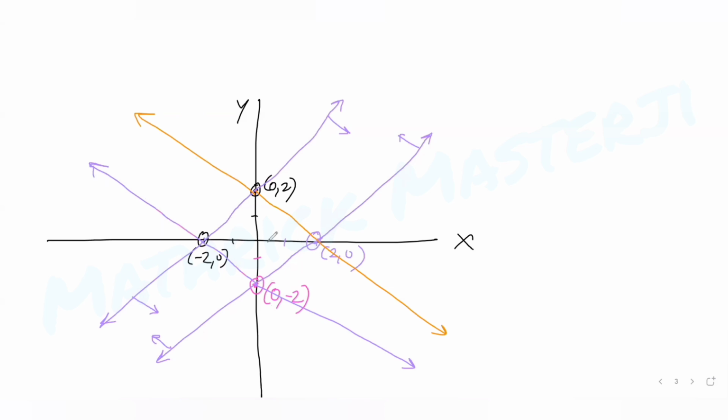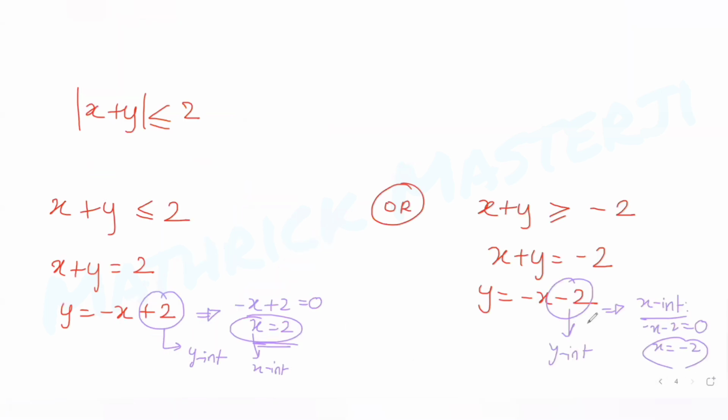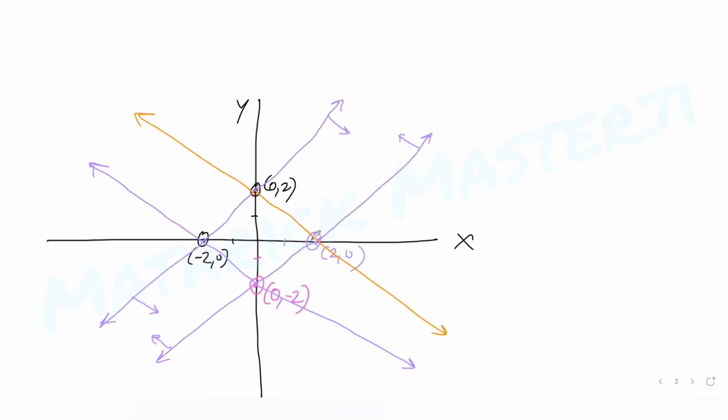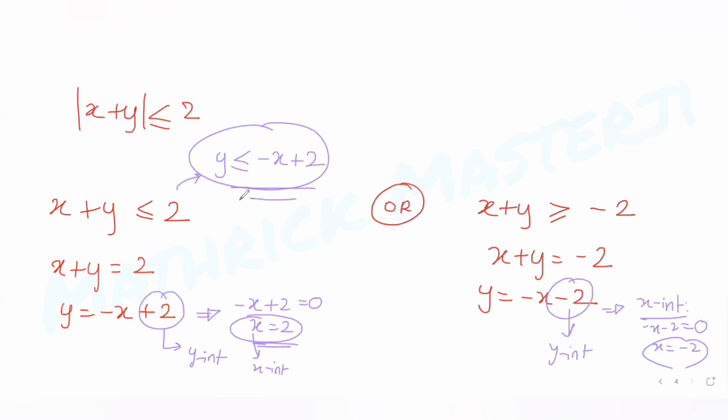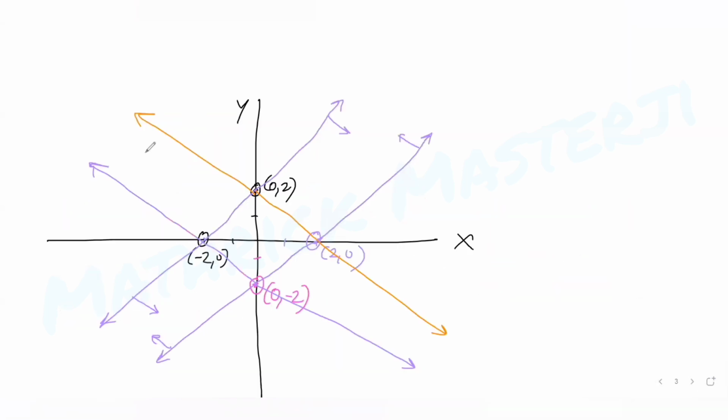So now you have the two lines for the second one also. Again, if I write it in terms of y, y is less than or equal to minus x plus 2. So my first line, which had 2 and 2 as the intercepts, has y lesser than, and lesser than means it is below the line.